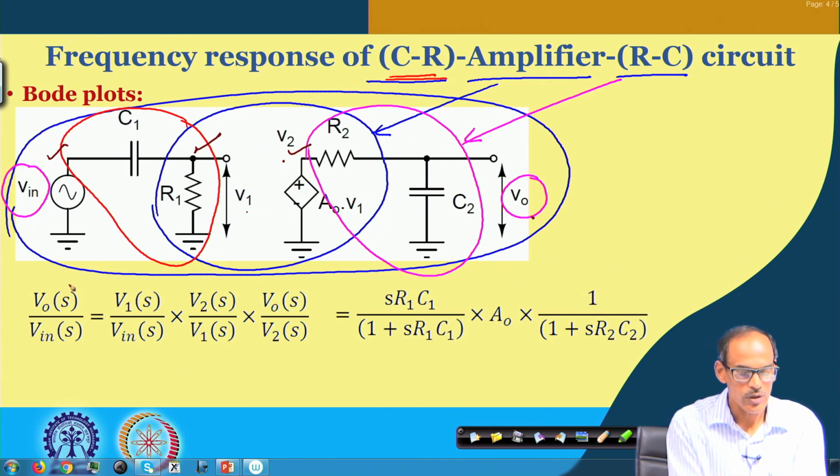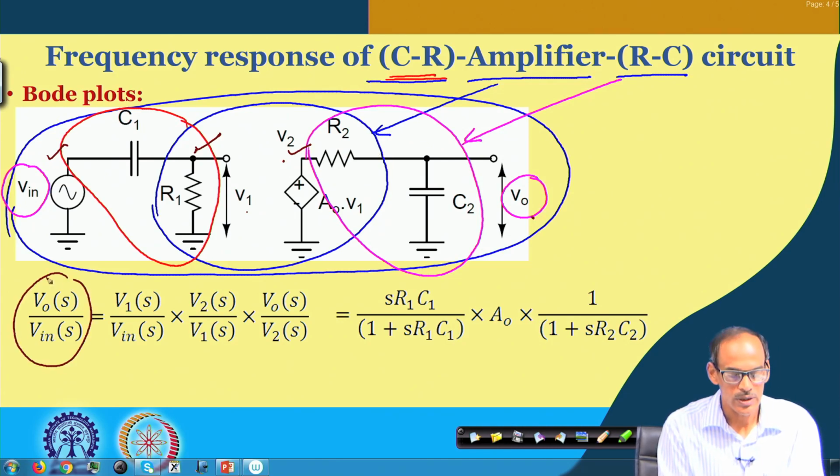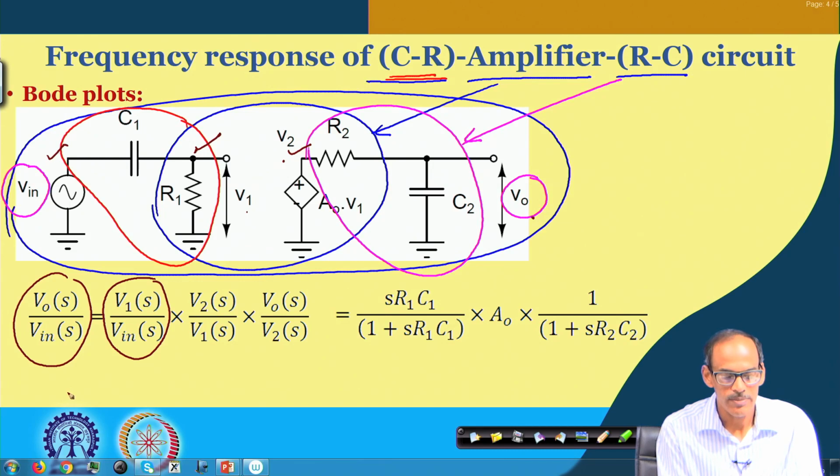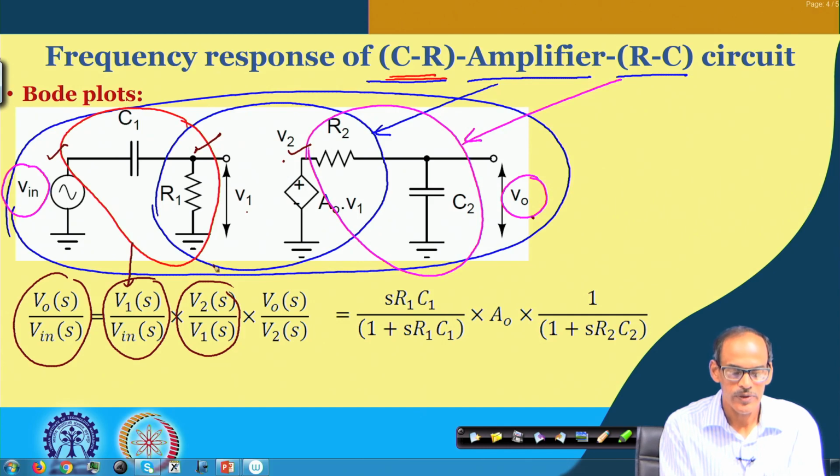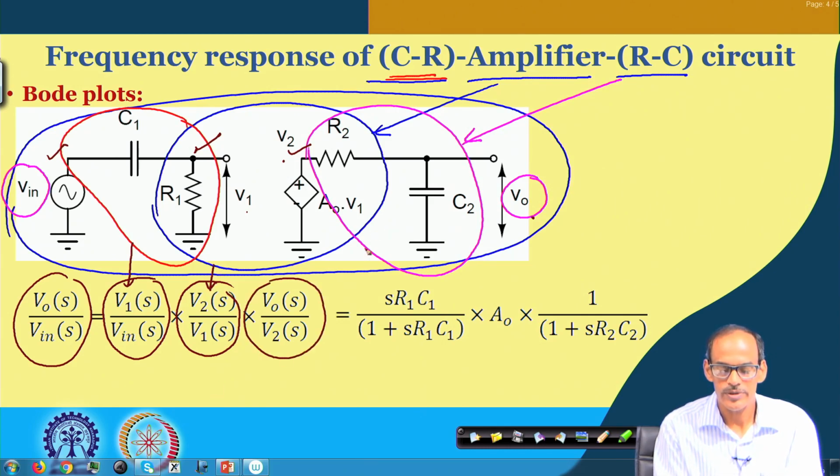So, the overall frequency response has three parts: one is the frequency response of the CR part, then the frequency response of the main amplifier part, followed by the frequency response of the RC circuit.